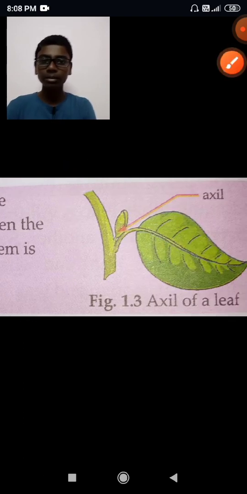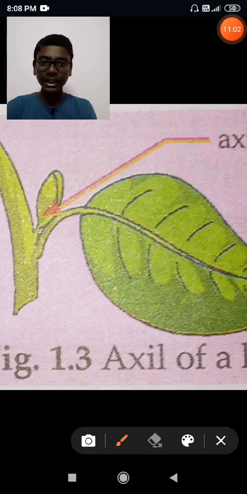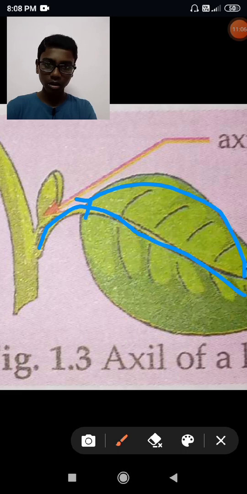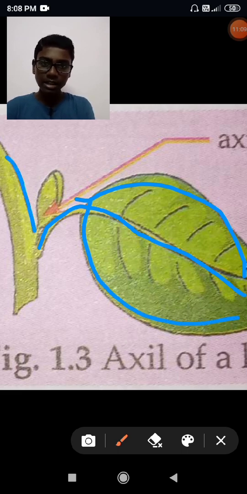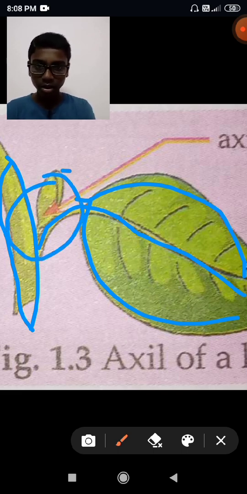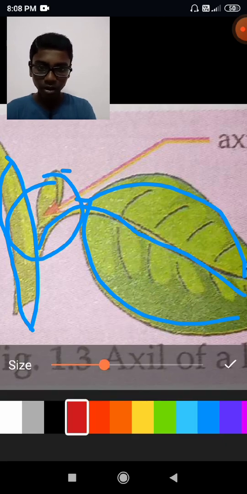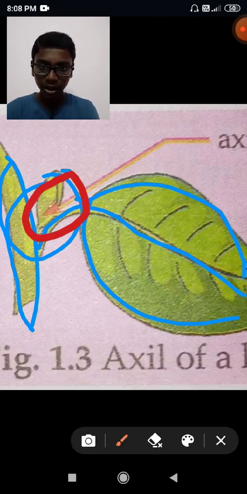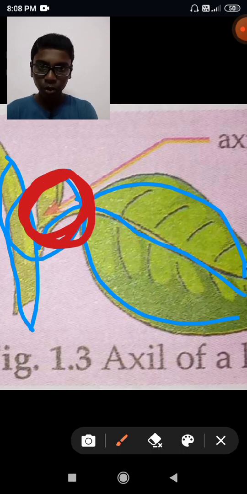Now what does it mean? This is the leaf and this is the stem. If someone asks which place is between the leaf and the stem, then obviously people will tell this portion to be the place between the leaf and the stem.